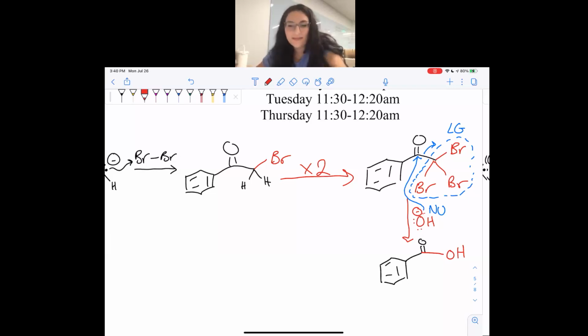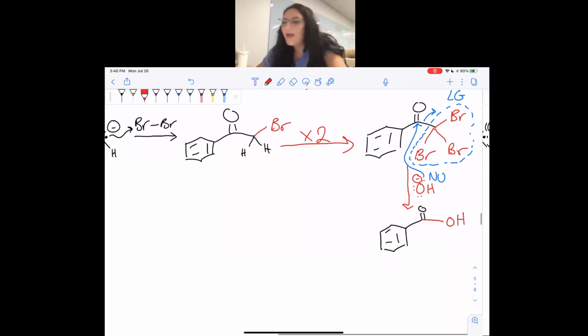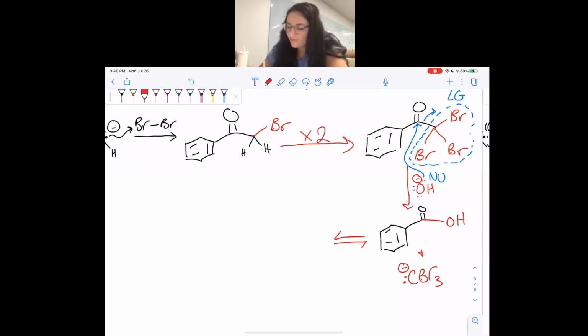As if this wasn't annoying enough, you will have to know that the side product here is CBr3 minus. So this is actually going to be in equilibrium with this.